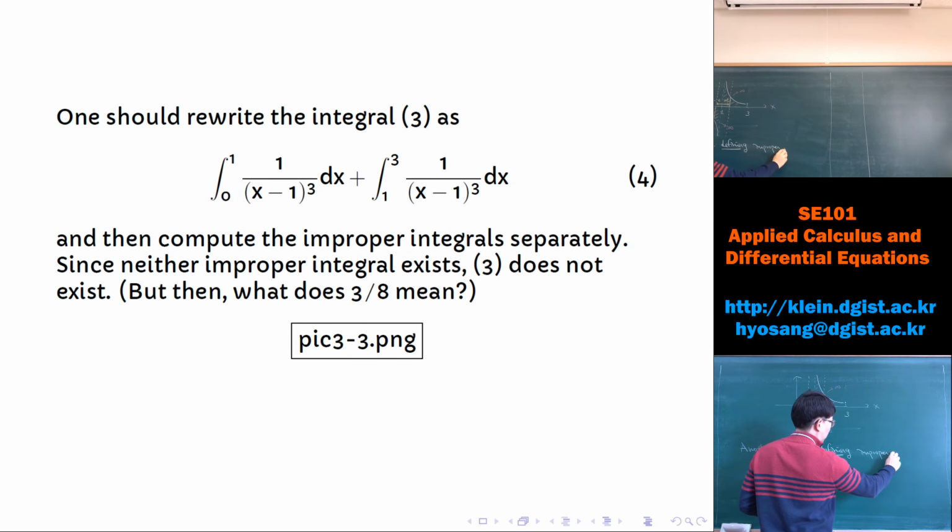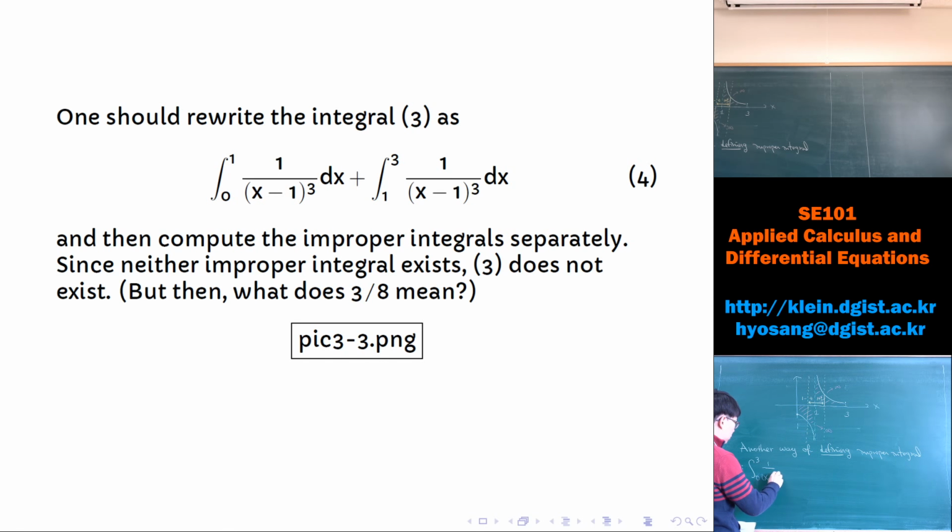Improper integral. So for example, if you want to compute the integral from 0 to 3 of 1 over (x minus 1) cubed dx, then this is nothing but the limit as t goes to 0. First, you take the integral from 0 to 1 minus t. I'm not going to write the integrand because there are going to be lots of integration here.